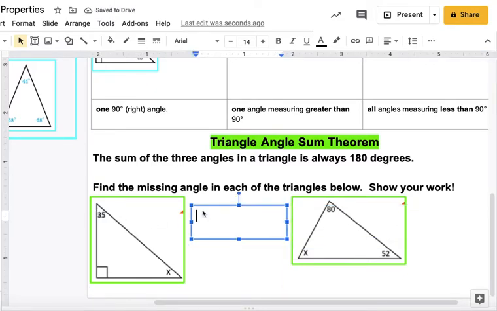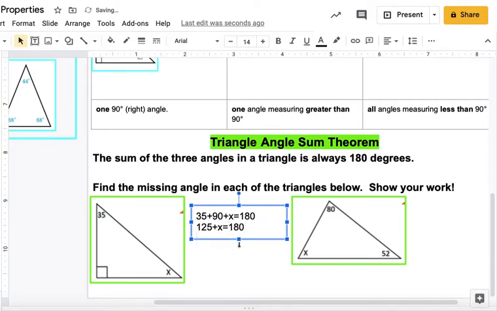So here we would have 35. I know this box means this is a 90-degree angle, plus x equals 180. Now we know 35 and 90 together equals 125. You have your calculator on Desmos if you want to check me. And that equals 180.